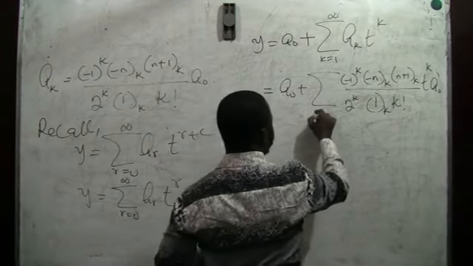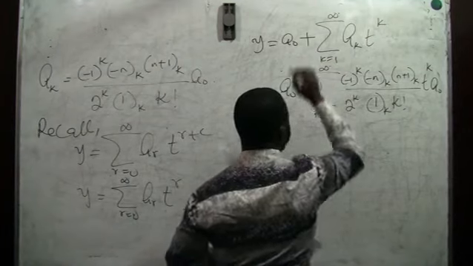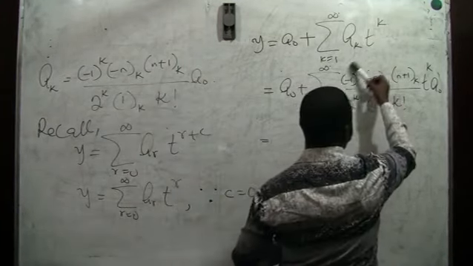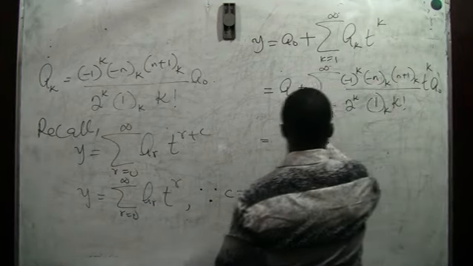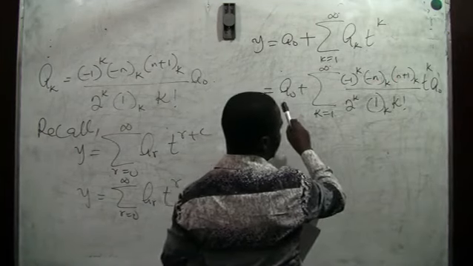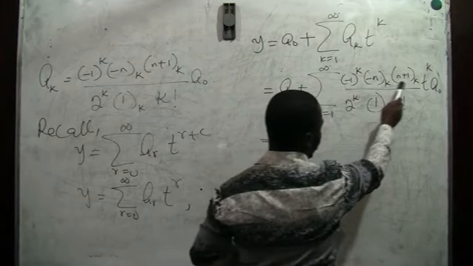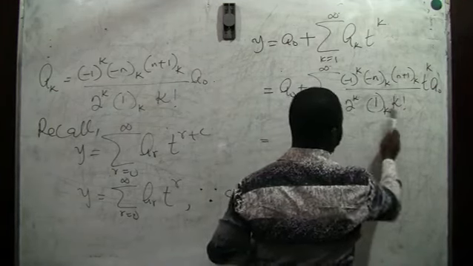Let's see whether a naught can come into the summation. If it can, then the whole of this expression must give us 1 once we substitute k equals 0. Let's substitute k equals 0. This is 1, this is 1.